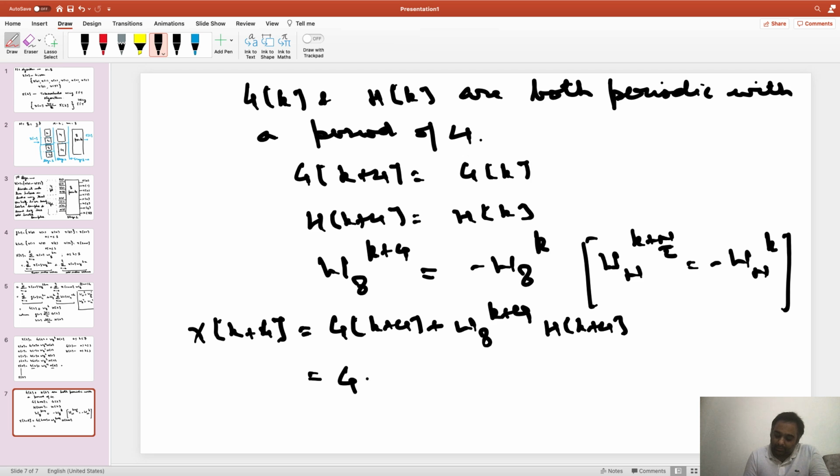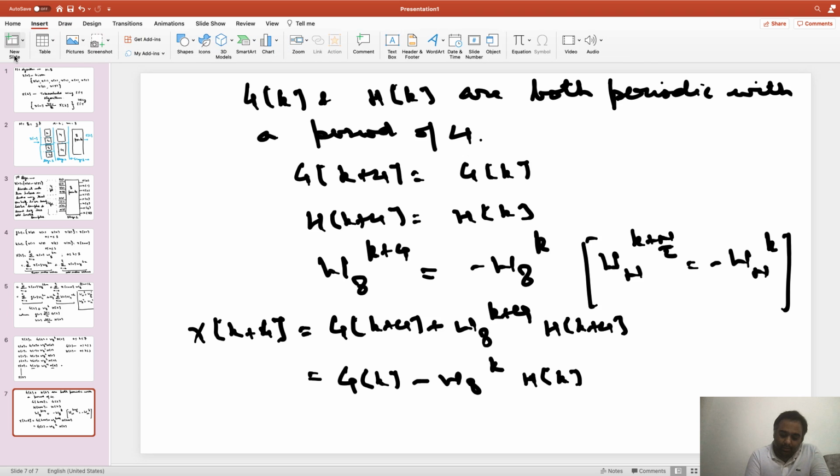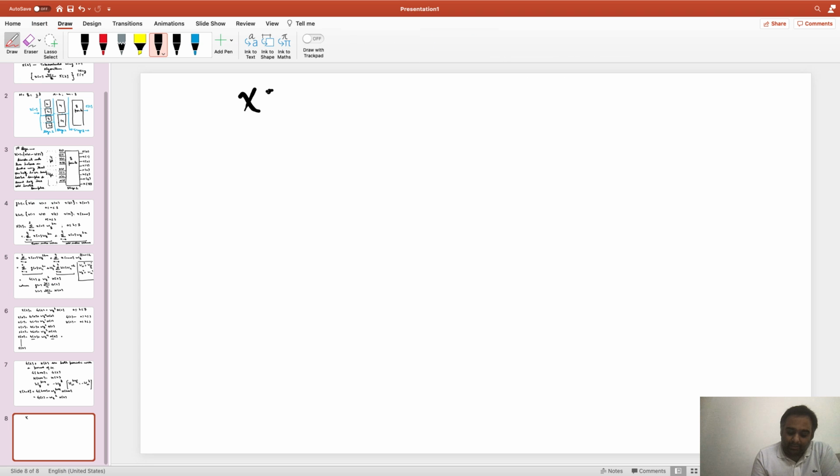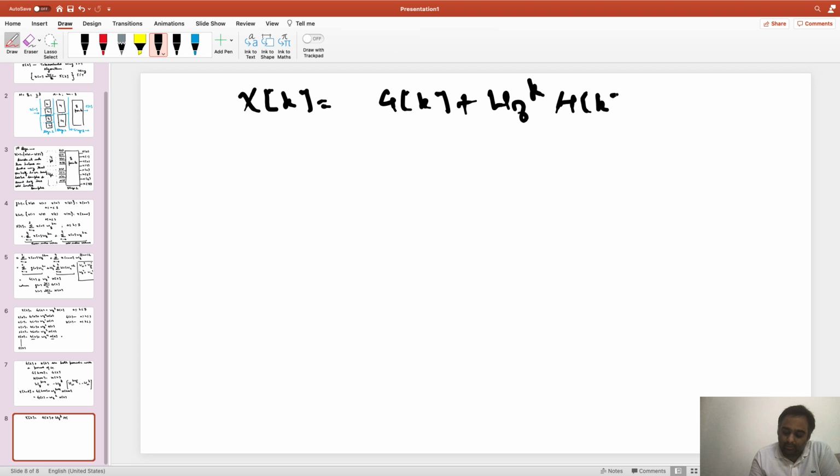So this can be written as Gk minus W8^k Hk. So this becomes capital Xk is Gk plus W8^k capital Hk, and here instead of taking it from 0 to 7, I take it only to 0 to 3 because I have only values of Gk ranging from G0 to G3.